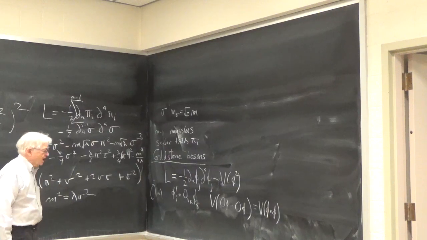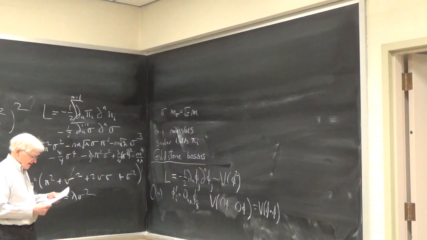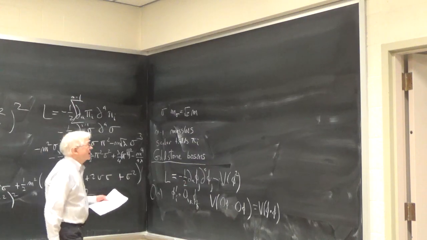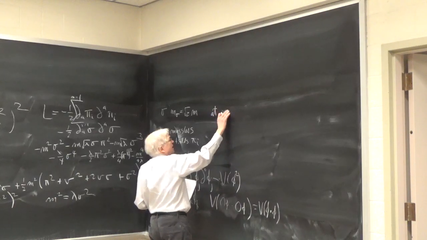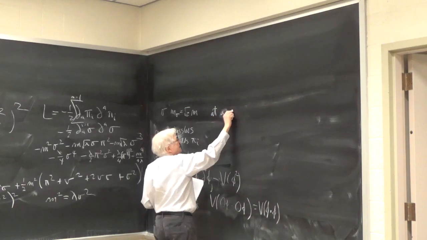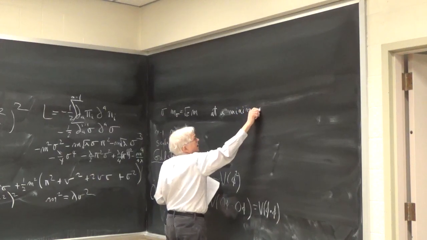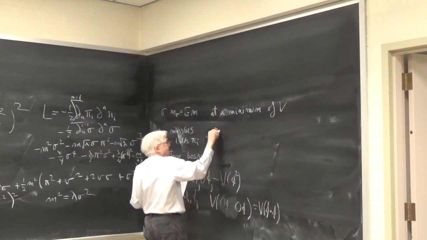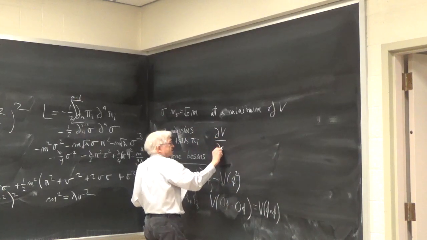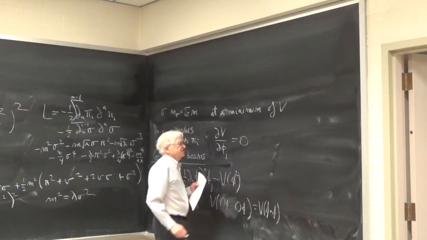Now, what we know here is that at a minimum of V, the partial of V with respect to any particular φ_j has to vanish.